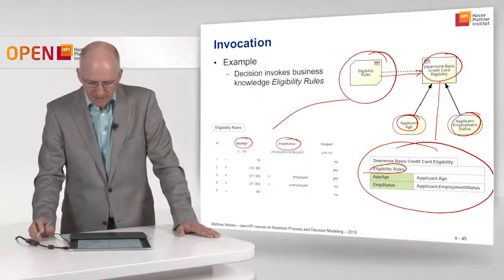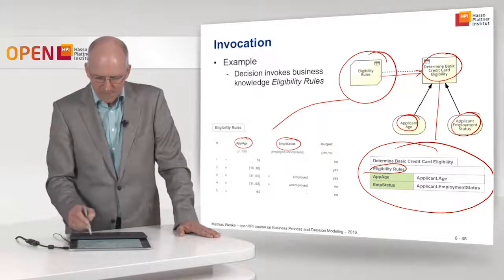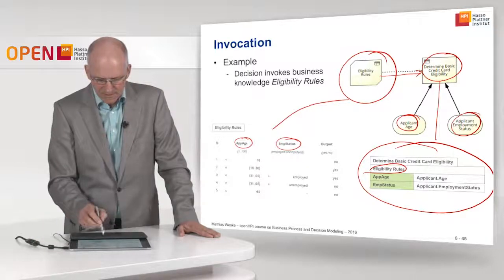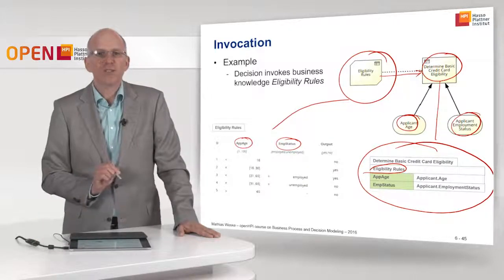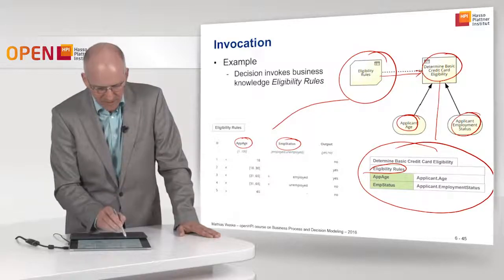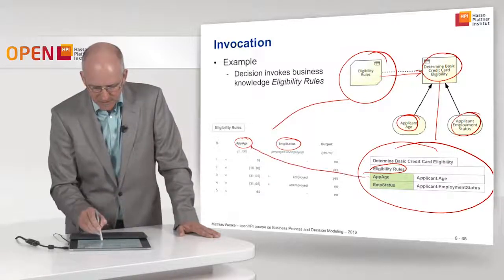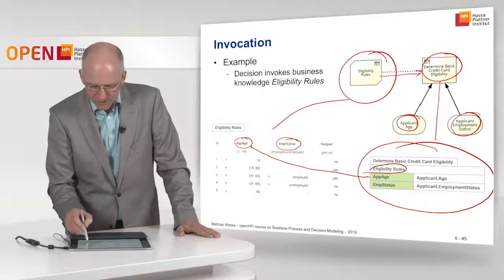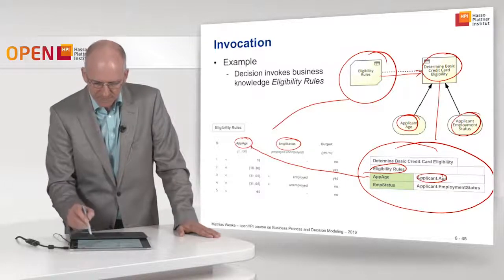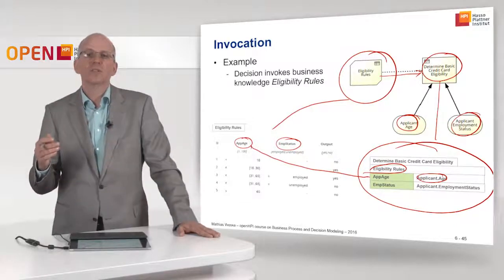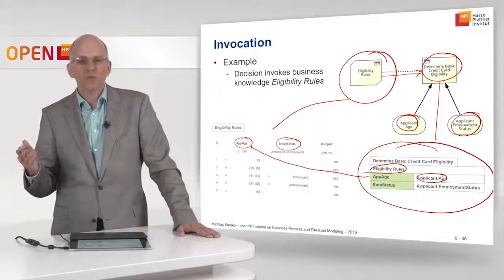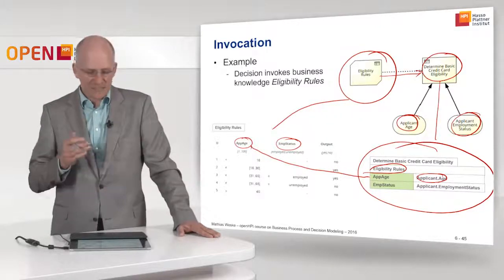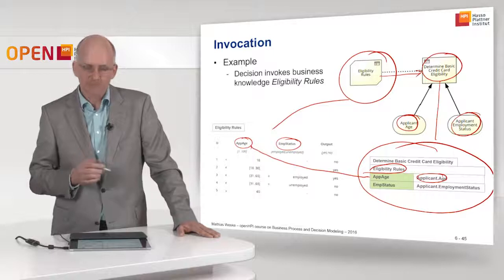This is done as follows. The applicant age, input APP age of the eligibility rules, is mapped to the applicant age. So the information stored in the applicant age we transfer to the business knowledge eligibility rules as input APP age.